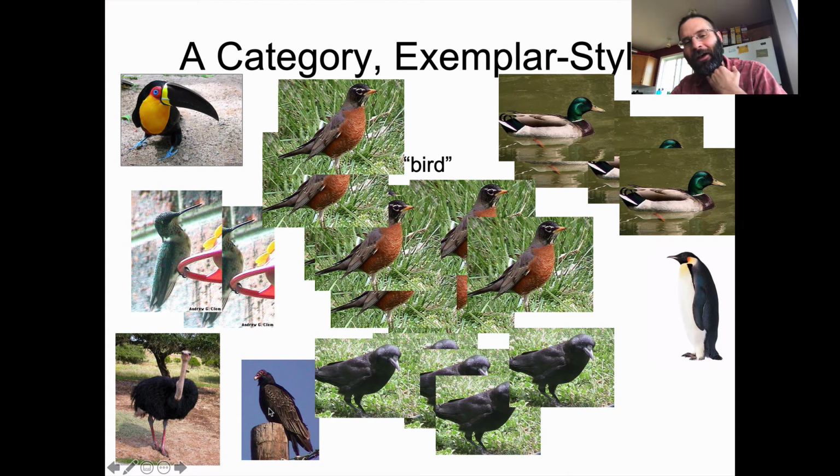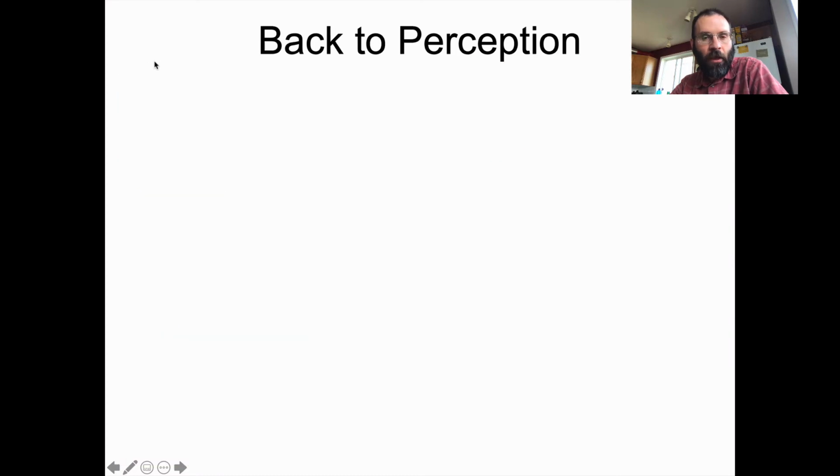You maybe have seen a buzzard every once in a while driving out on the highway, but they're just not common, right? Same thing applies to penguins. The ones that really count are the ones we've seen a lot. So they wind up defining birds for us more for that reason than for the particular properties they might have, or the idea that robins might be special in a way that crows are not, something like that.